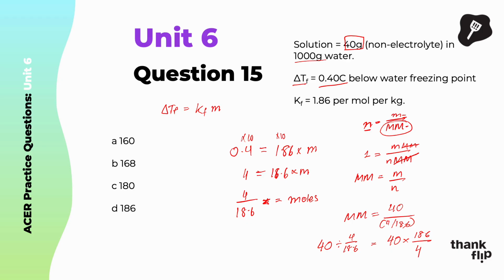And so we can see here we have some simplification that we can do. So divided by 4, divided by 4. And so we have 10 times 18.6 over 1. So we have 186. And that's how I would do the calculations in a GAMSAT scenario without a calculator there.